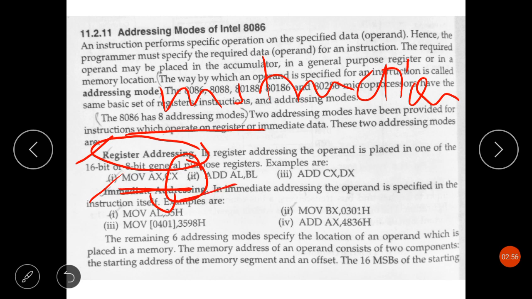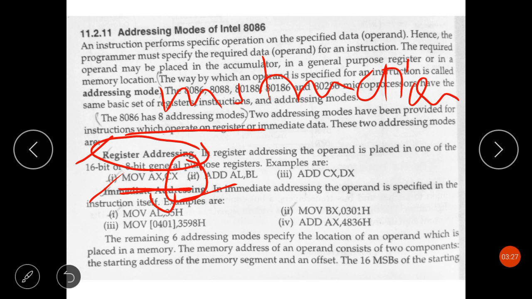Source means from where the operand is going to get copied, and destination is to which place the operand will get stored or copied. So both the source and destination should be registers.